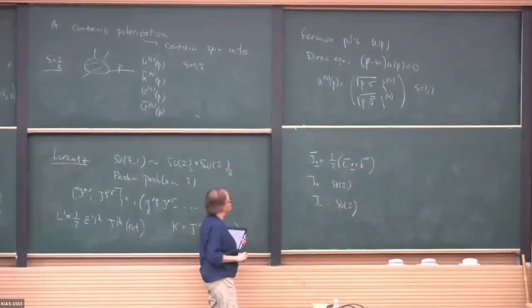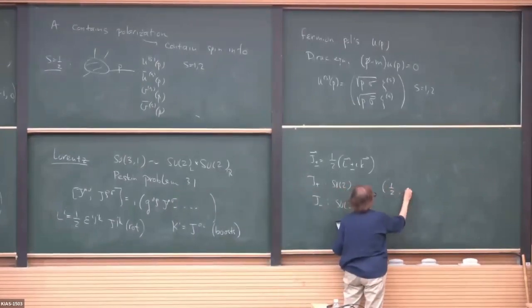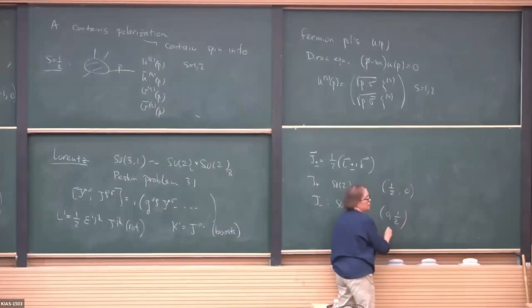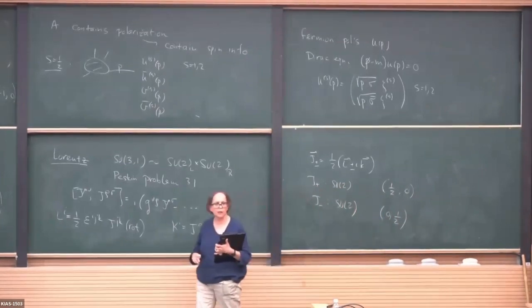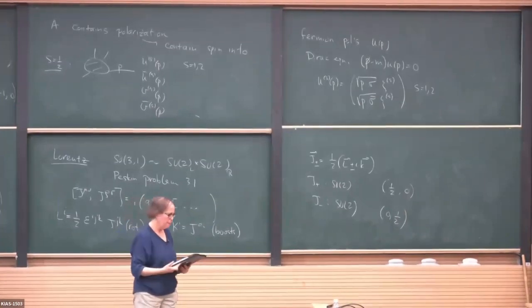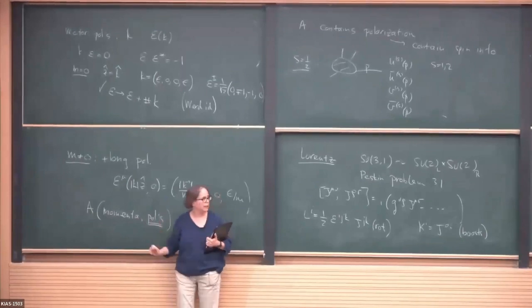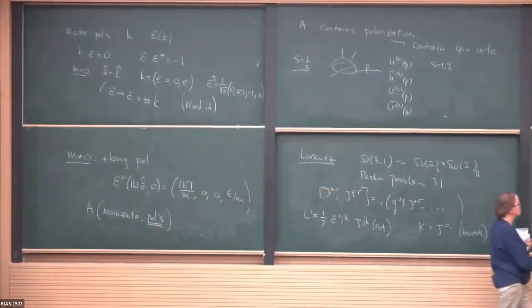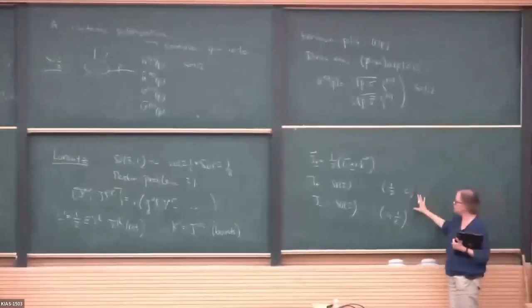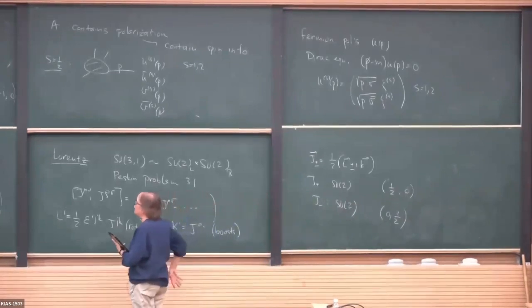And we can classify the representations of Lorentz as the doublet representations of this SU(2) and this SU(2). And these are the basic building blocks that you can use to form all the other representations of Lorentz. Okay. So now what we want to do is take this amplitude and rewrite it completely in terms of massless spinors that transform under this representation and this representation. So let's see how to do that.